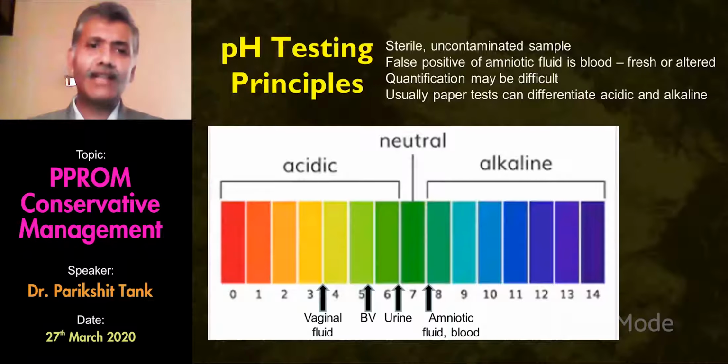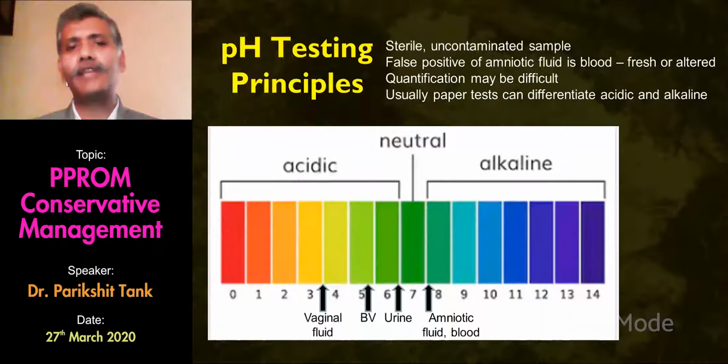If we look at the other vaginal fluids, a normal vaginal fluid is acidic. The pH is supposed to be around 3.8 to 4.4. If the woman has bacterial vaginosis, it is a little more alkaline than the typical vaginal fluid, but still it falls into the acidic range.